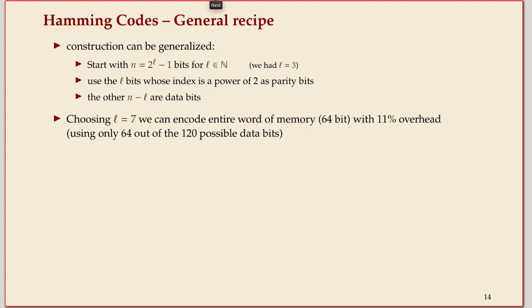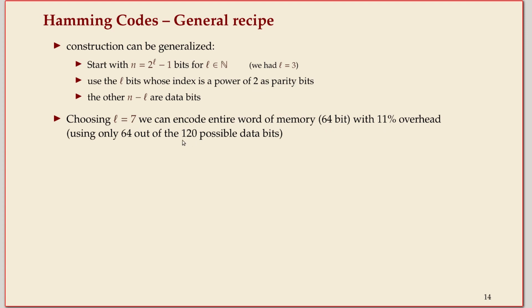And if you do your math, one thing you can do is you can take L equals 7. That's enough to fit 64 bits, which is the usual size of words in main memory. And 11 bits of overhead are enough to correct, if you use the Hamming code with L equals 7, it will have an overhead of 11%, and it's good enough to detect any 1-bit error in a 64-bit word.